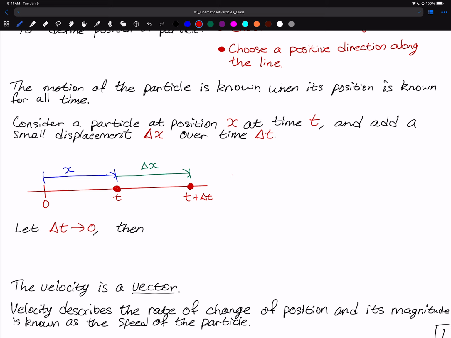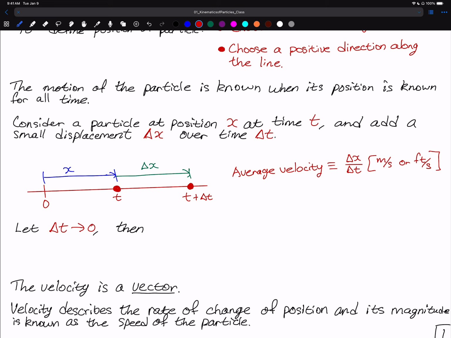We'll say that the average velocity of the particle is defined as delta x over delta t. This will have units of meters per second, or maybe inches per second, or feet per second. We're generally working in SI units in this class, so meters per second.